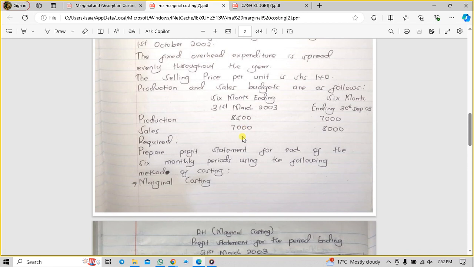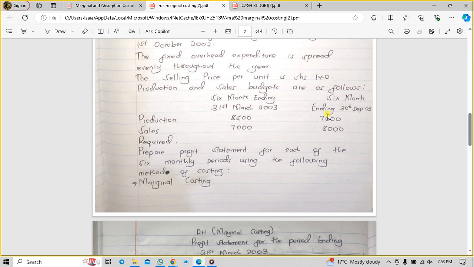That means that the closing stock for that financial year is 1,500. That 1,500 is our opening stock for the next 6 months.